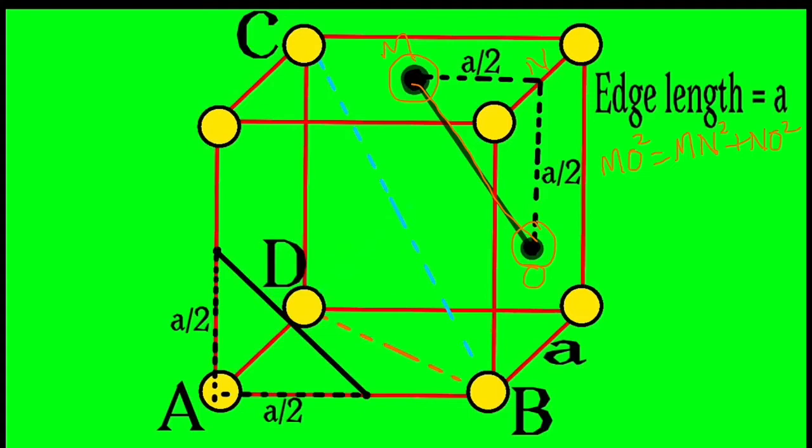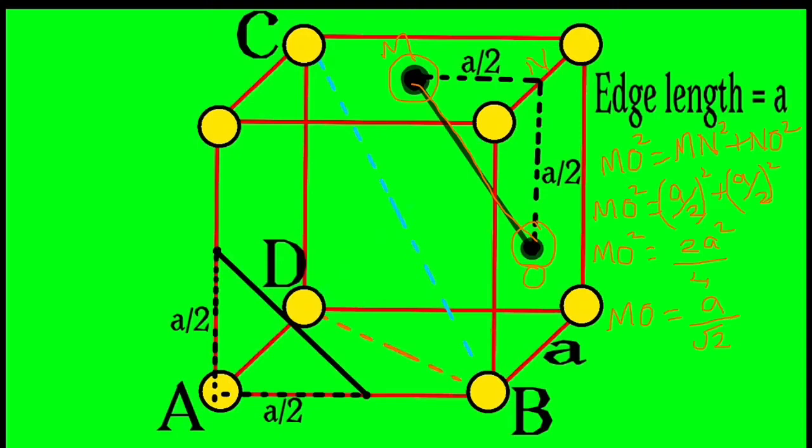MO square is equal to A by 2 whole square plus A by 2 whole square. So MO square is equal to 2A square by 4. So MO is equal to A by root 2.